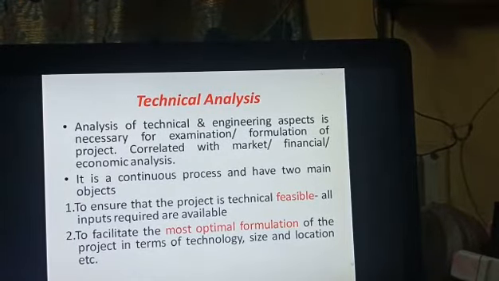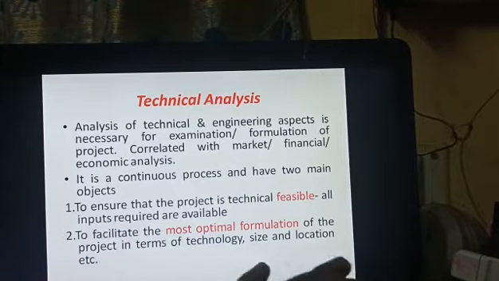Number one, to ensure that the project is technically feasible, all inputs required are available. If all inputs are available, then we can see the feasibility of the project also. Number two, to facilitate the most optimal formulation of the project in terms of technology, size and location, etc.